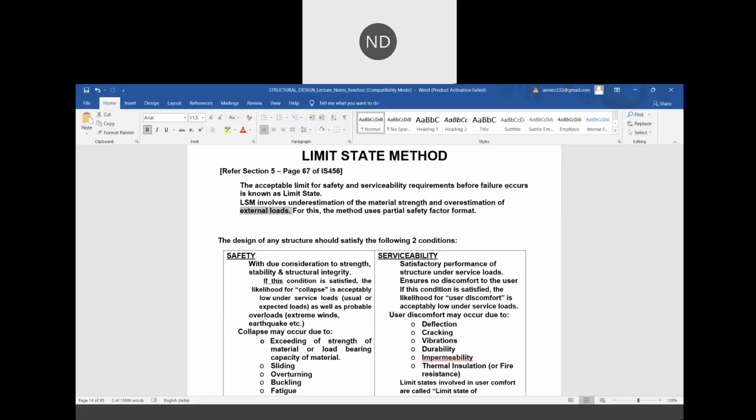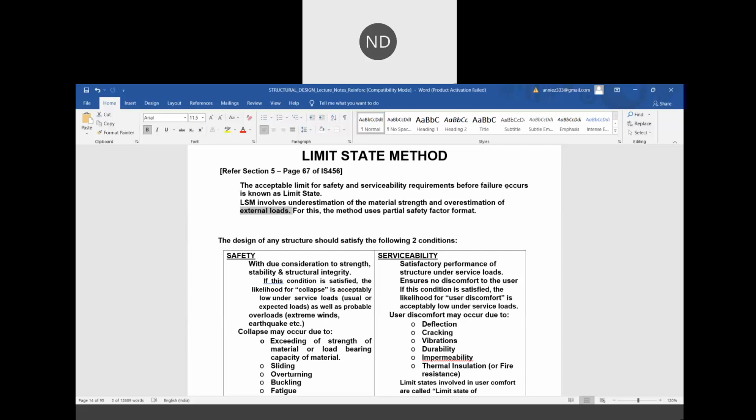The materials as well as your structure: if your structural member is made of a material with greater strength, and that is good, obviously even if the load is more, your building is going to survive.